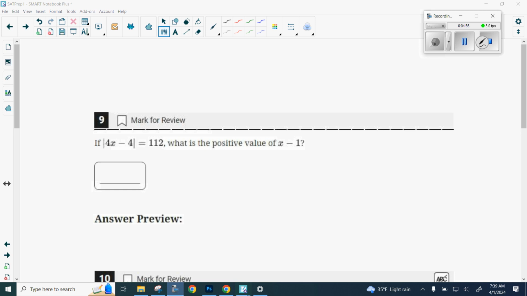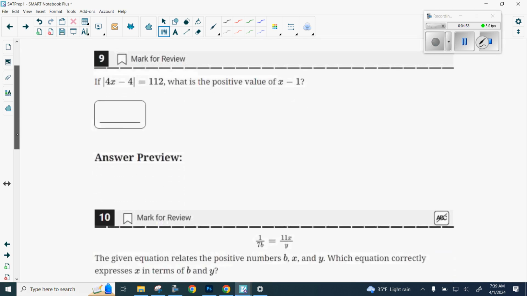All right, so for this particular one, we're asked to solve an absolute value equation. They want to know the positive value of x minus 1. So what we need to do is solve this guy right here for x, looking at the positive values.